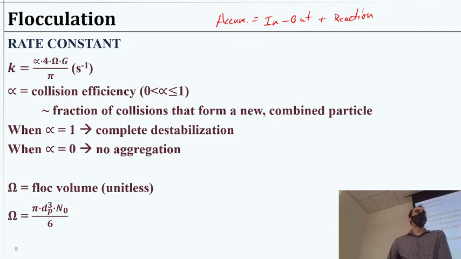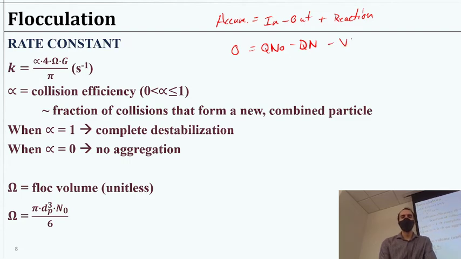Typically, however, we'll do this in a CSTR. You should be able to do both, of course, but typically we'll see this as a steady state. We're going to have Q n naught minus Q n. And then this is going to be a negative, it's a decay reaction if they're sticking together rather than breaking apart. So then we'll have minus V K n.